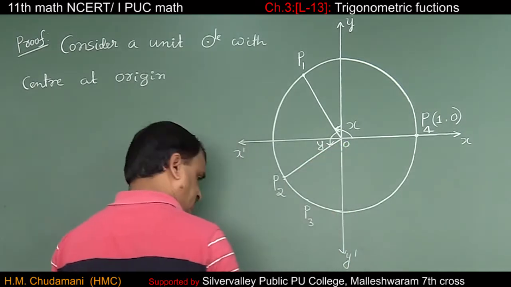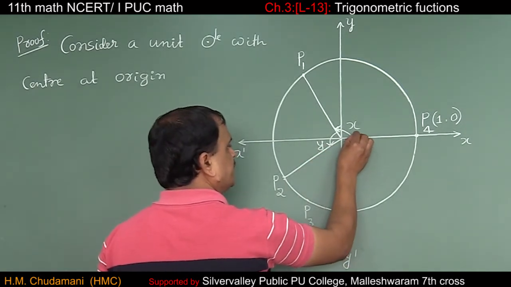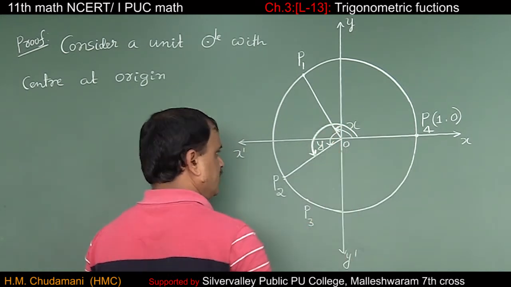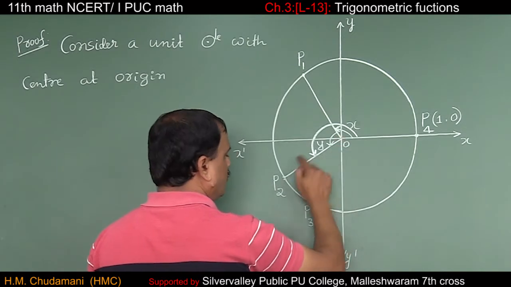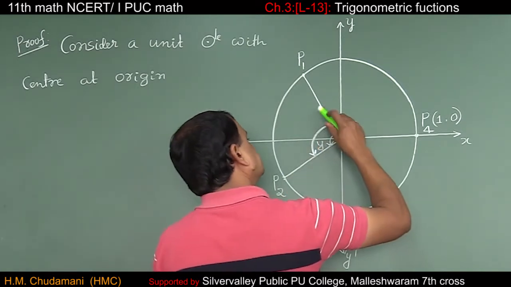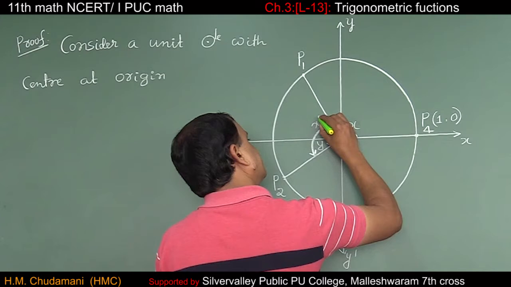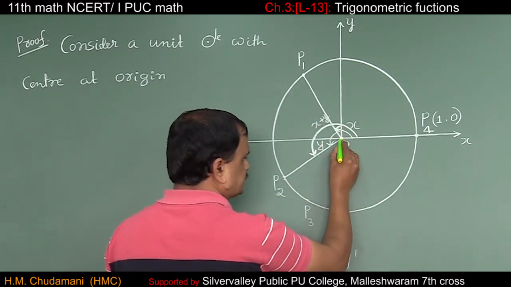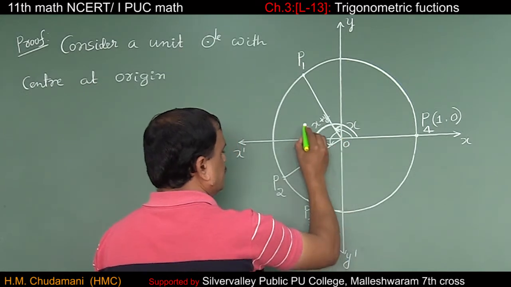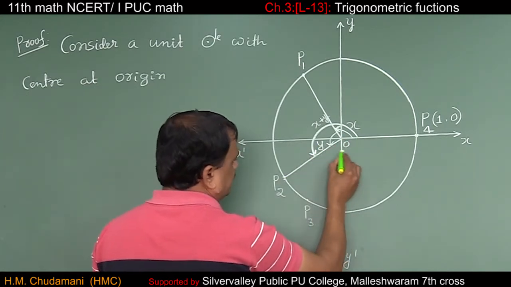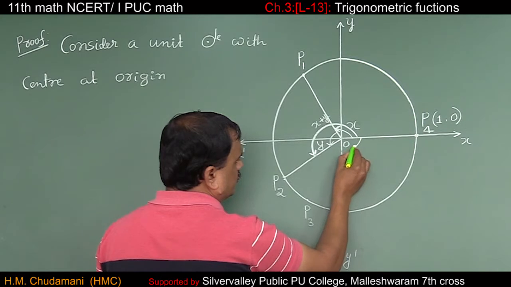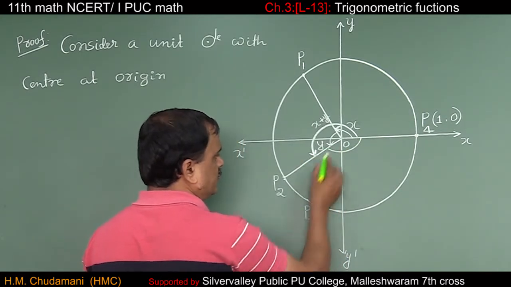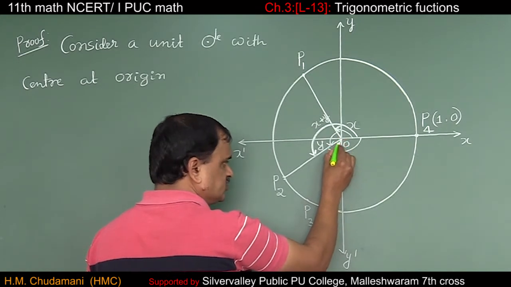So the complete angle, from here to here, P4 O P2 should be x plus y. Angle P4 O P2, I just join.